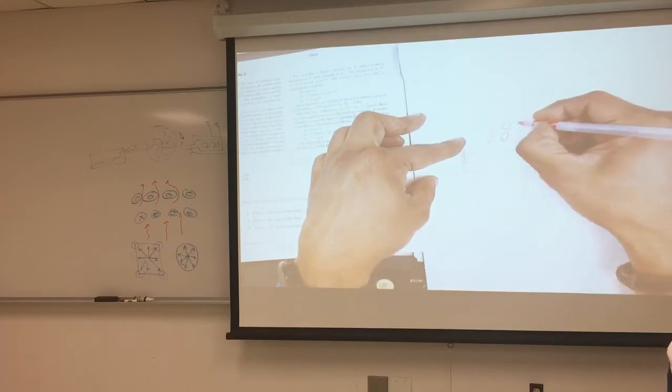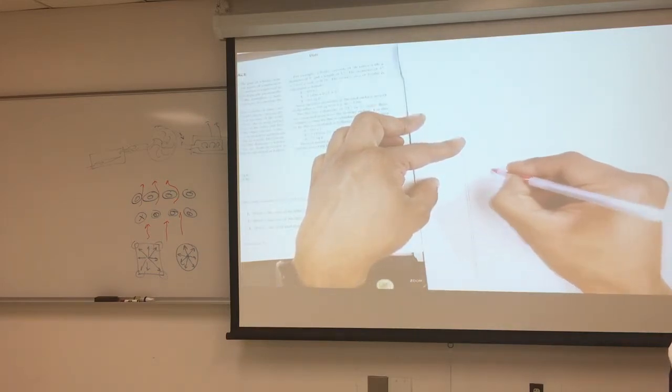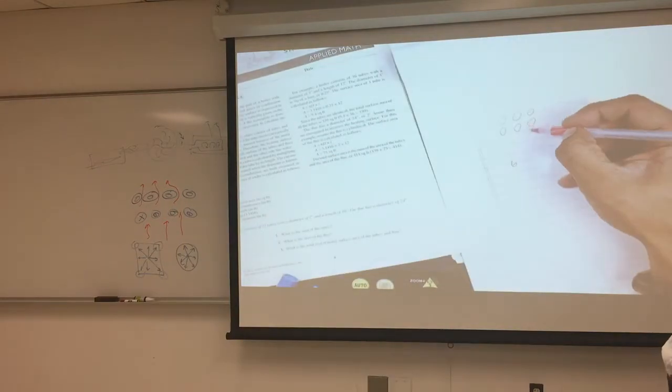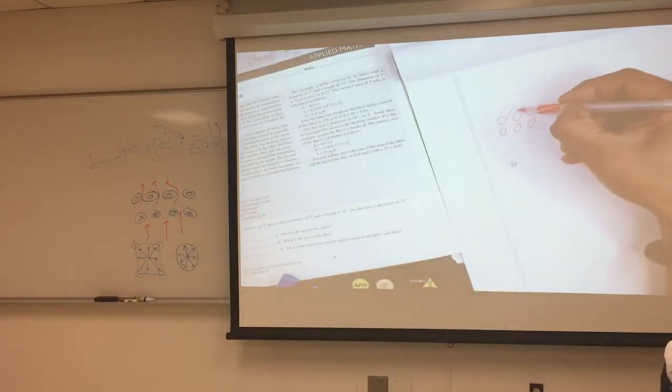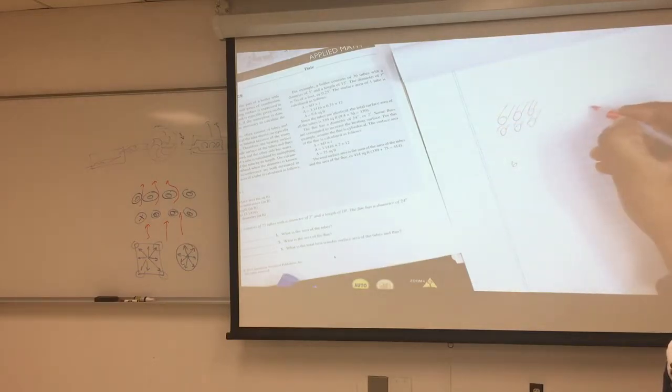Let's say we have a 6-tube boiler, okay, 6 tubes. And we want to know what the surface area is. So we're going to try to estimate the surface area. If I have a cylinder, which is a tube, what would be the surface area for this tube?